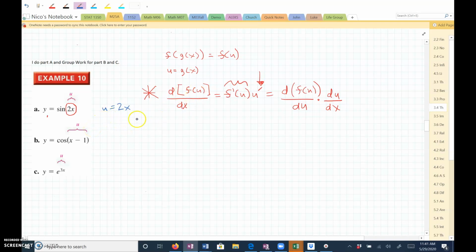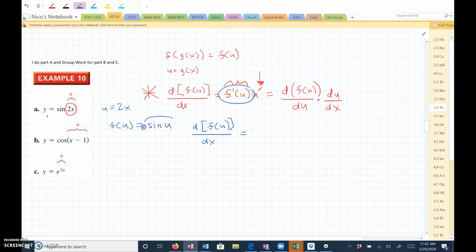According to this, we know that f of u would be equal to sine of u. We know that the derivative of f of u with respect to x would be f prime of u.